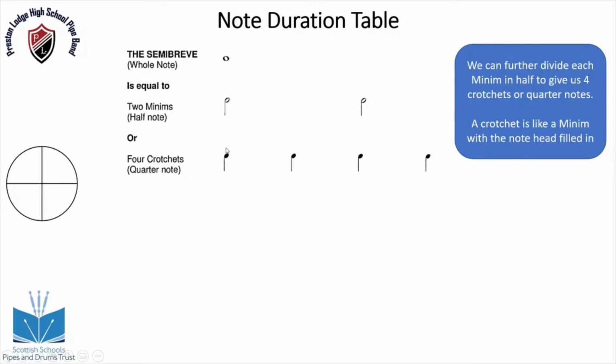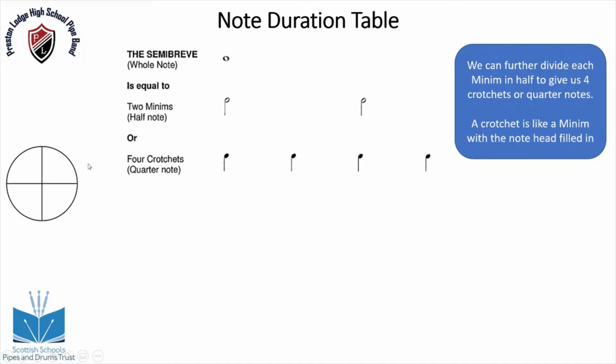So 1 minim equals 2 crotchets, 2 minims equals 4 crotchets. Hence the quarter note as well, because you might be thinking, well, the quarter means 4, like for those who have done fractions before. A quarter, sorry, is 1 over 4. That's why we've got 4 of them.